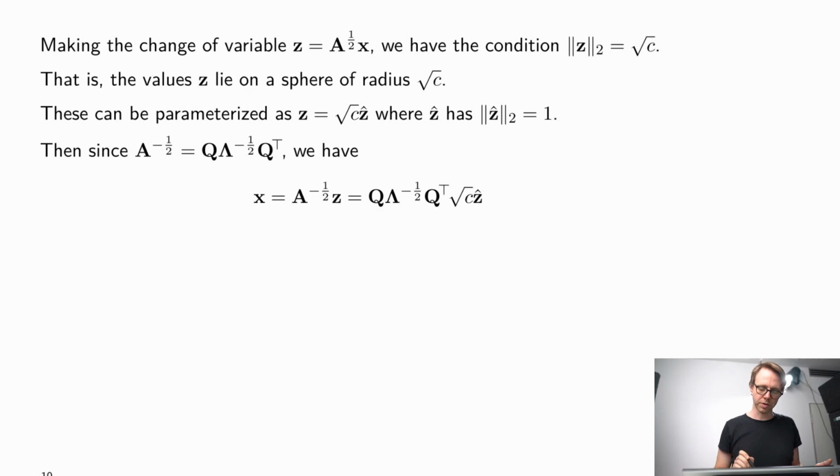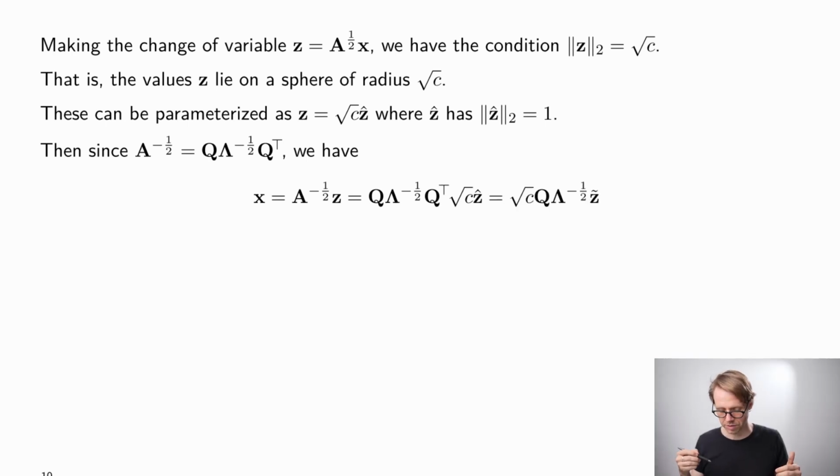This equals, well, q times lambda to the minus 1/2 q transpose times c hat times square root of z, which we can again replace by some vector c tilde that we get by multiplying c hat by q transpose, which has exactly the same norm as c hat.